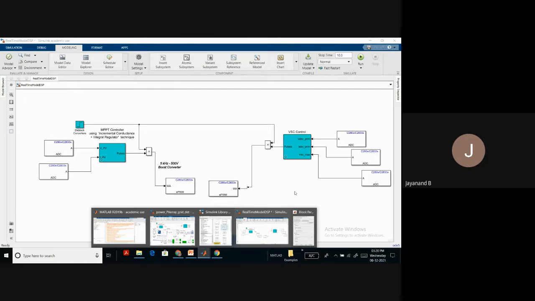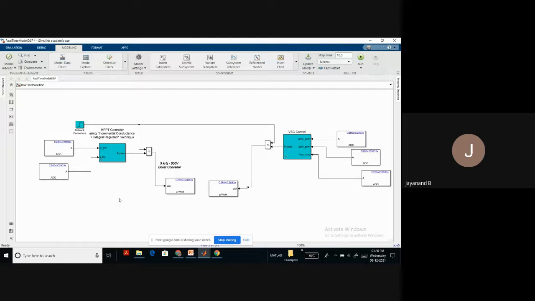So this is for DSP, and this is similar for all platforms, right? So here we will be connecting our analog input blocks. We need 5 analog input blocks here: one for PV voltage, one for PV current. Then these are for voltages, these are for currents, and this is for the DC link voltage, right?